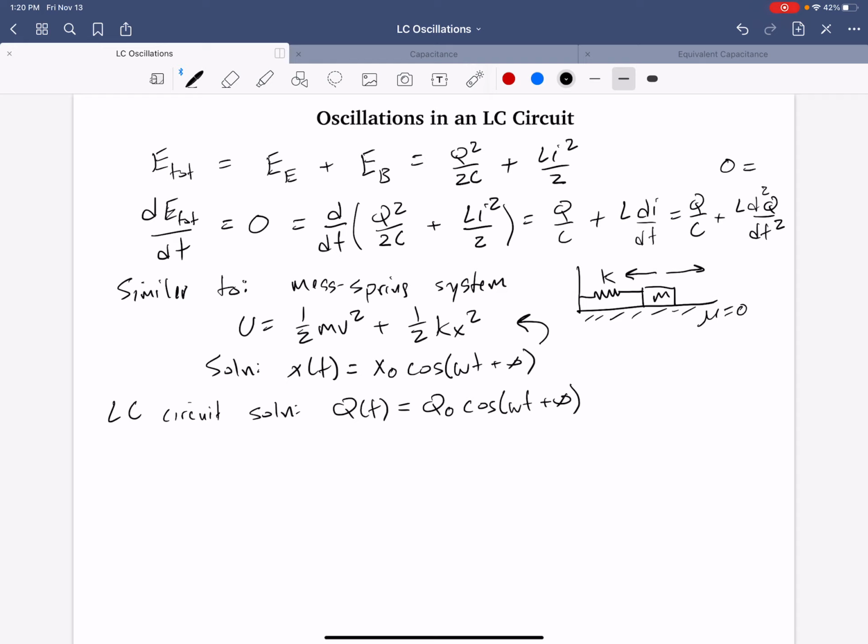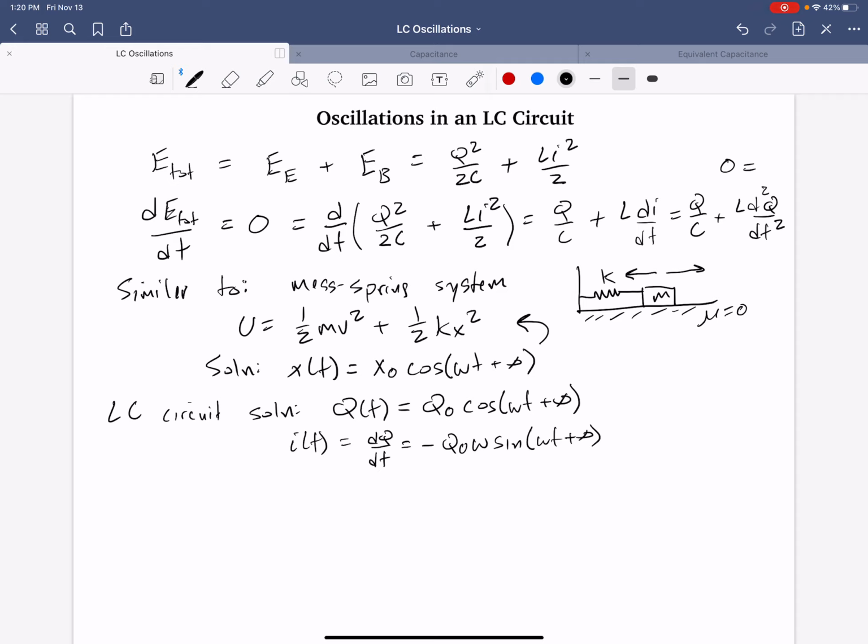And so let's find the current as a function of time, which is dq dt. That means it is negative q naught times omega times sine of that stuff. And actually, we'll need the next derivative.